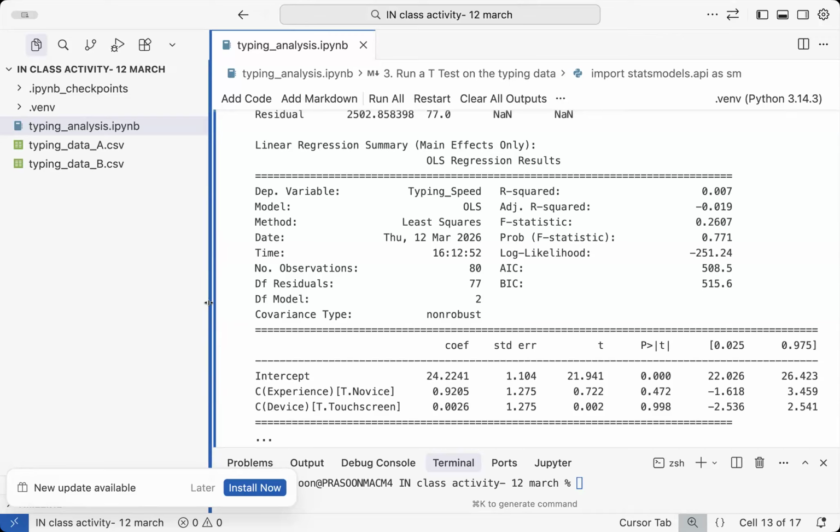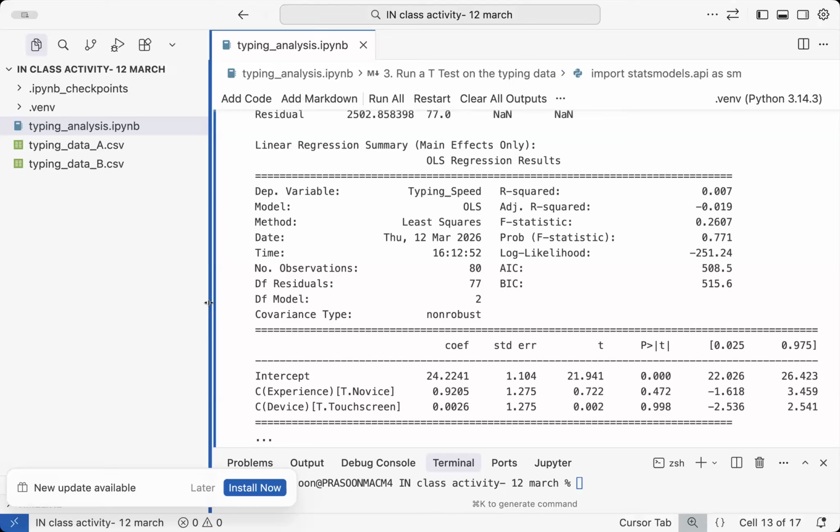Note how when we're drawing that conclusion, we are holding fixed all of the other variables in the model, which is why this is a great modeling framework. It's better than a t-test because it allows you to hold constant all of the other variables that you plug into the model. In this case, device is the only other variable we have in the model, and we are assuming device is held constant at its base level, which is a mouse.